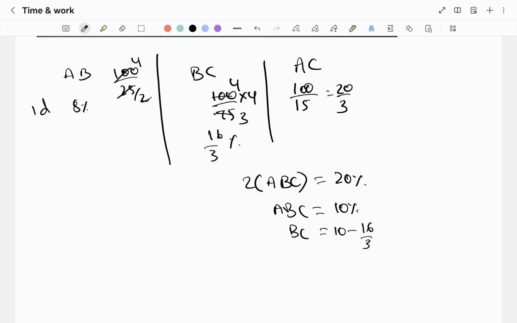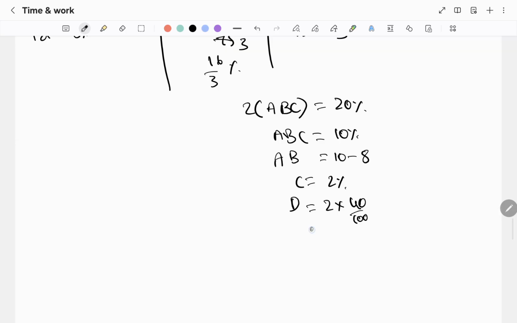C alone we need to find. So we need C, which means we have to remove AB. So AB is 8. So C will be 2%. Then D's percentage will be 2 into 40 by 100, that is 0.8.